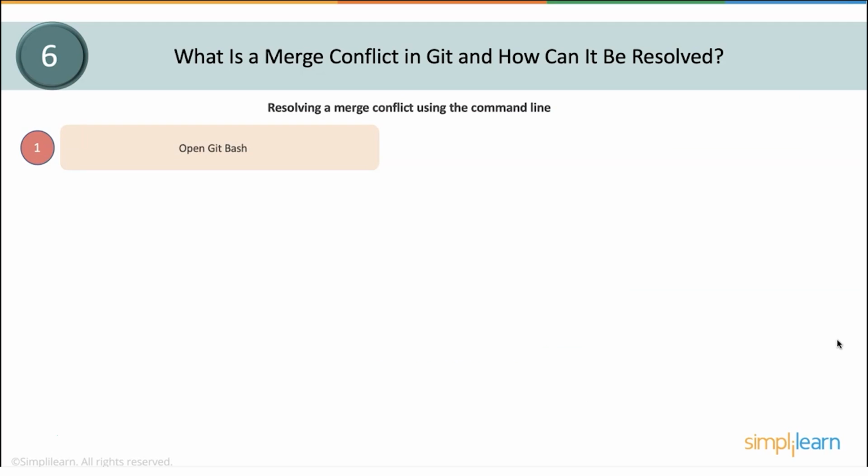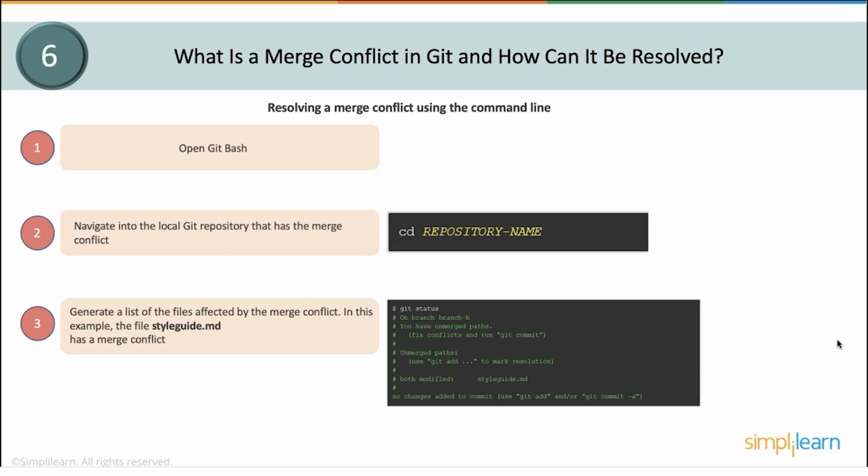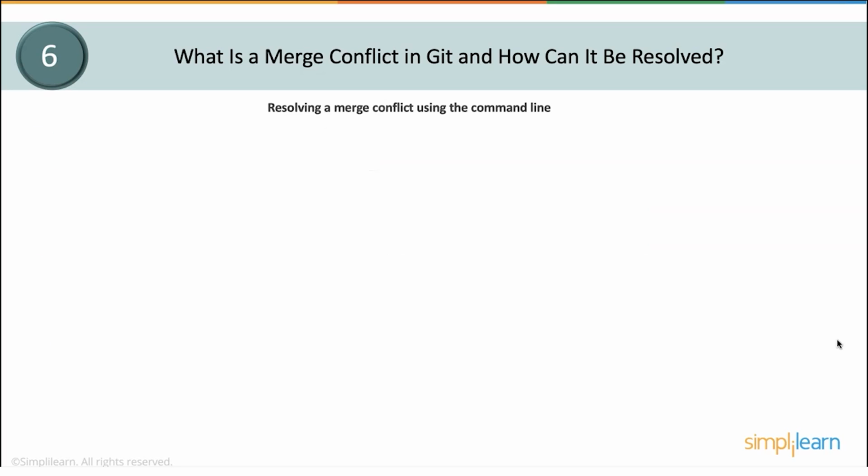You can also resolve the merge conflict using the command line. You simply open git bash and navigate to the repository where the merge conflict occurred, and then it generates the list of files affected by the conflict. In this example, you can see one styleguide.md file which has a merge conflict.